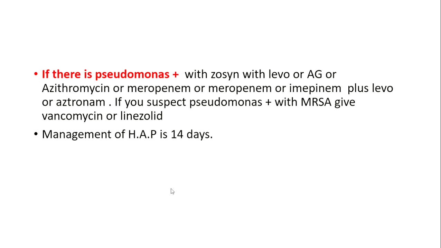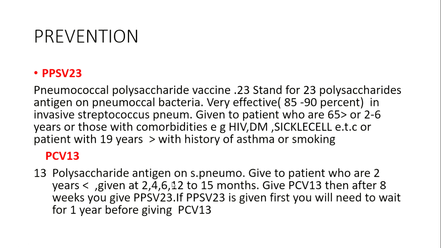So let's see prevention of pneumonia. We have two types of vaccine currently which can be given. We have PPSV23, and 23 stands for the 23 polysaccharide antigens on pneumococcal bacteria. So it's called pneumococcal polysaccharide vaccine 23.